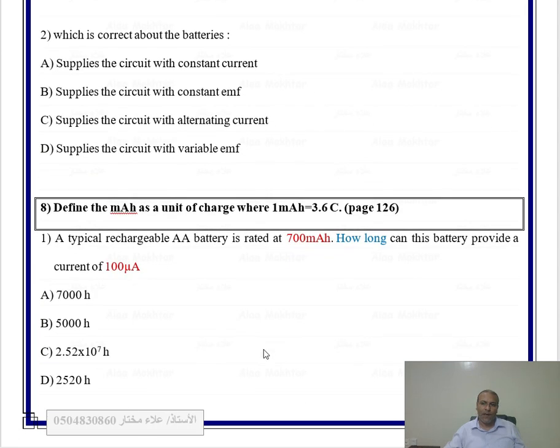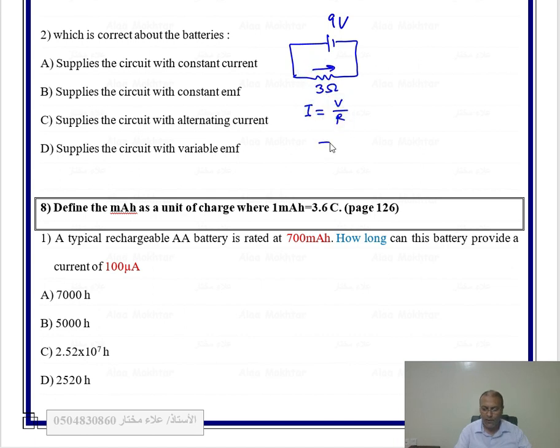Which is correct about the battery? The battery supplies the circuit with a constant current? It's not correct. Because if I have a 9 volt battery and the resistance is 3 ohm, what is the current in this case? I equals V over R equals 9 over 3, which is 3 amp.